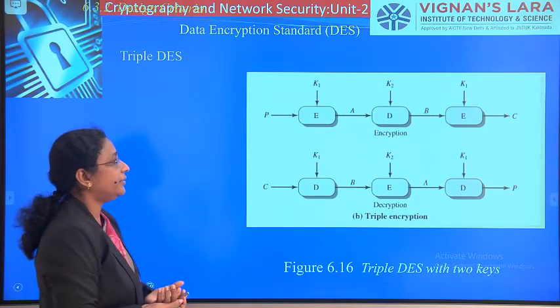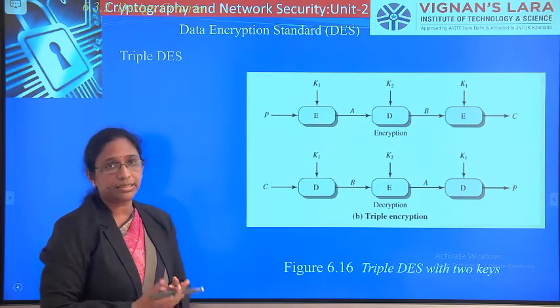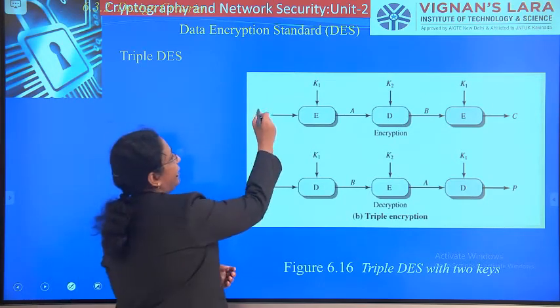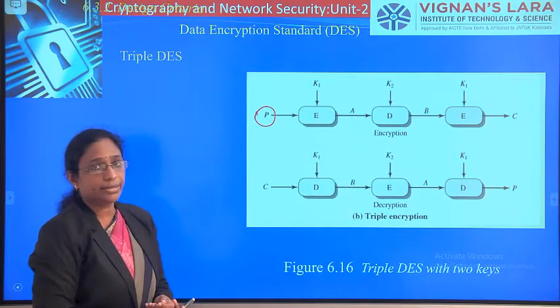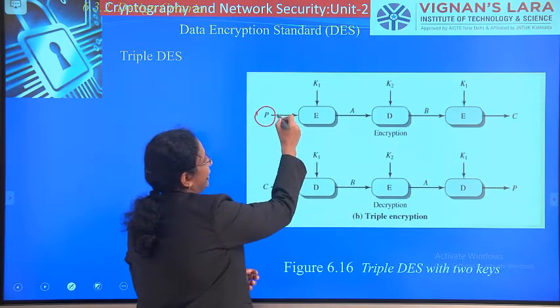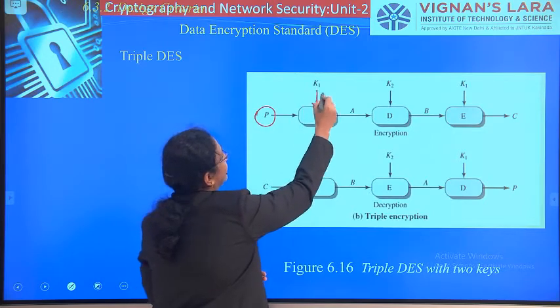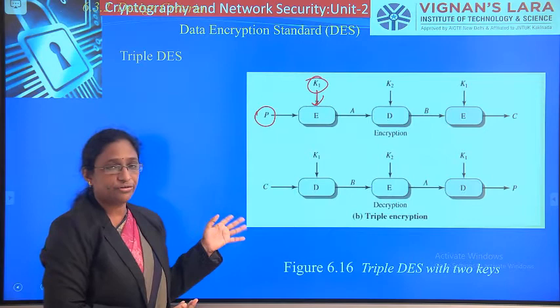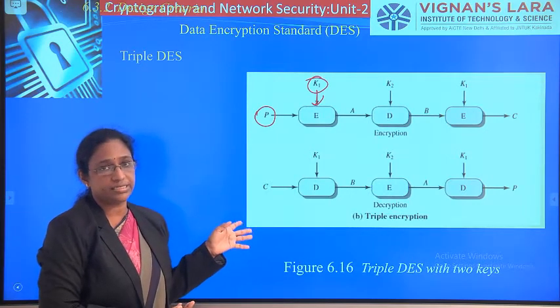Here in triple DES we will be using two keys. We take the plain text P and the key K1, where the size of this key is again 56 bits.